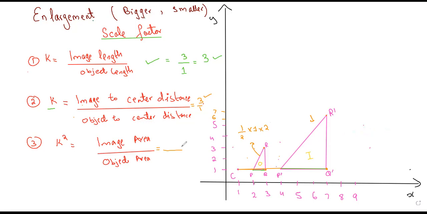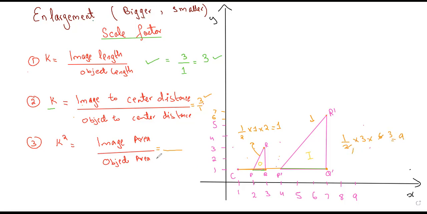Okay, so this area is 1 and this area would be 1 by 2, base is 3 and the height is 6. So this should be 1 and 3. This is 9.